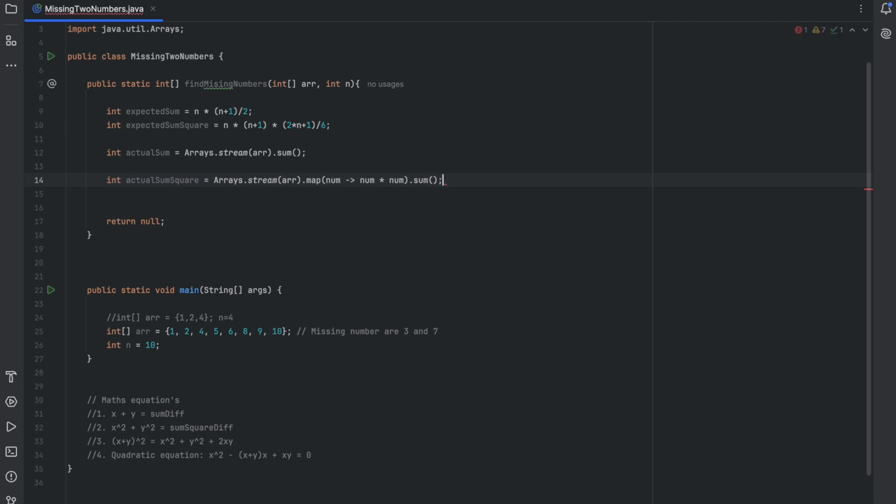Simple. Why are we doing this? Because we need to calculate the sum of the squares also, x square plus y square. So this is the formula.